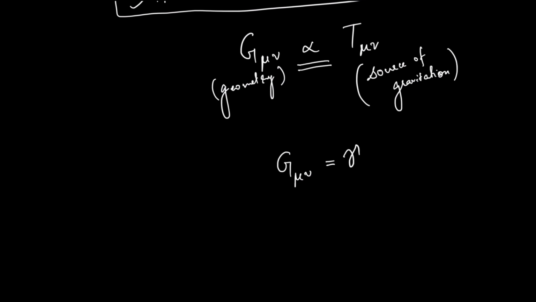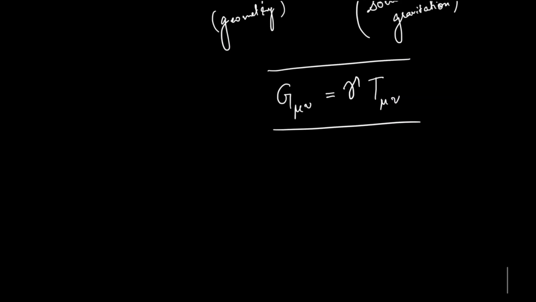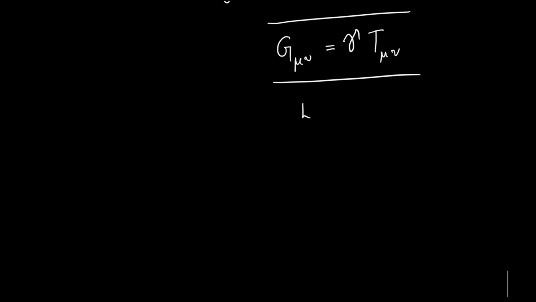If I remove the proportionality sign, I can write a constant times T mu nu. So the geometry is now being equated to the source of gravitation, which is the energy momentum tensor, and this equation is known as the Einstein field equation.